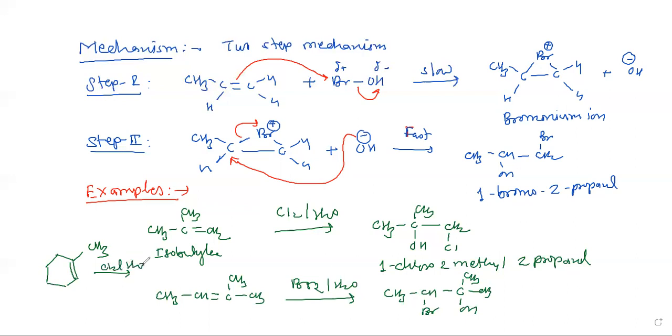If we add chlorine water to this compound, then also addition takes place according to Markovnikov's rule, and you will get 2-chloro-1-methylcyclohexanol as the product in this reaction. Okay, thank you.